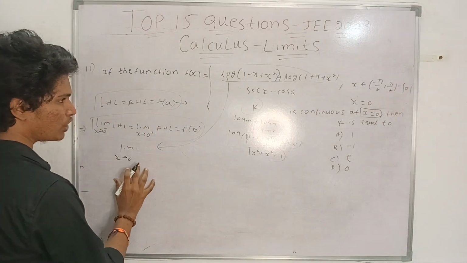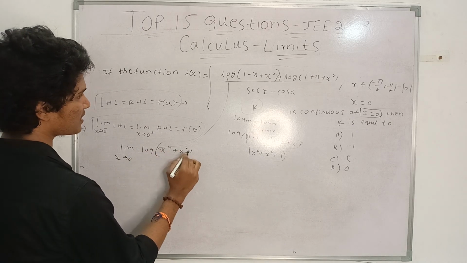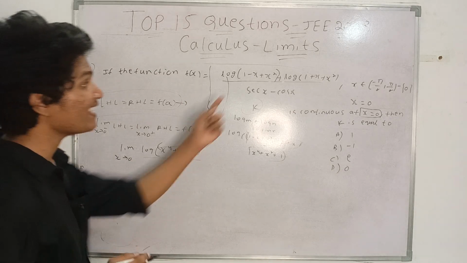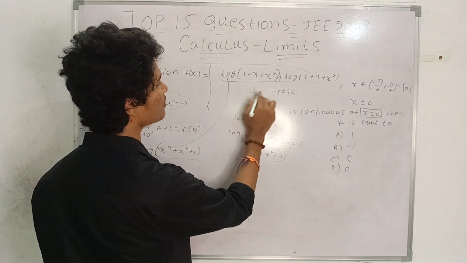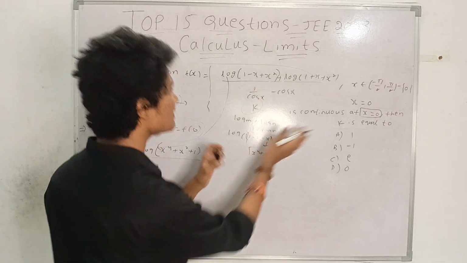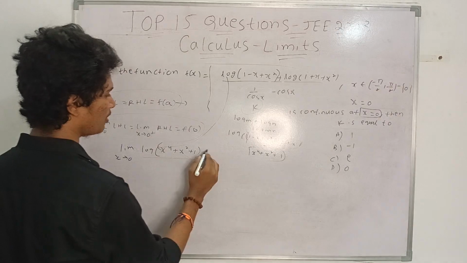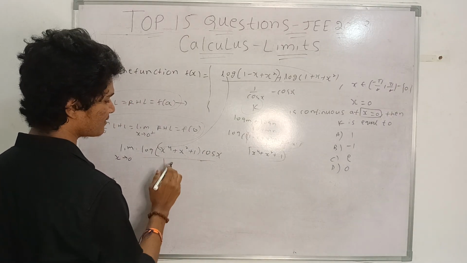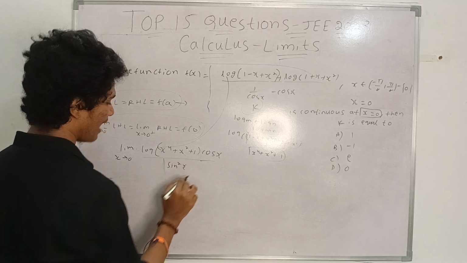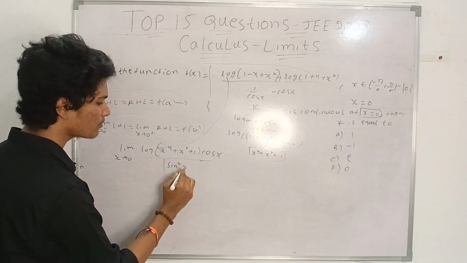So limit x tending to 0, log of x power 4 plus x square plus 1, divided by secant x minus cos x. Secant x can be written as 1 by cos x, and taking the LCM, cos x goes to the upper part, and down it is 1 minus cos square x, which is sin square x. And again, seeing this limit as x tends to 0, I got an idea.